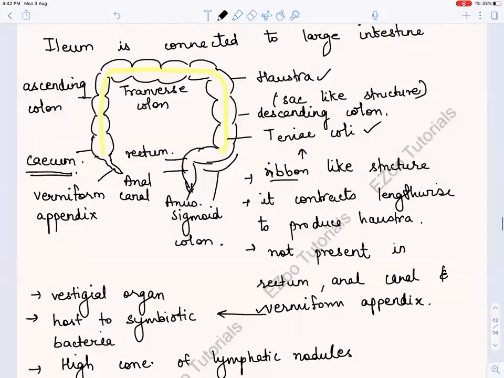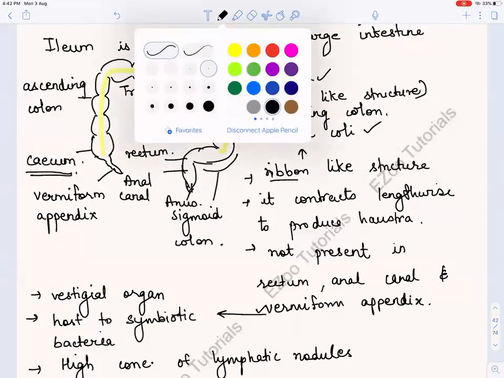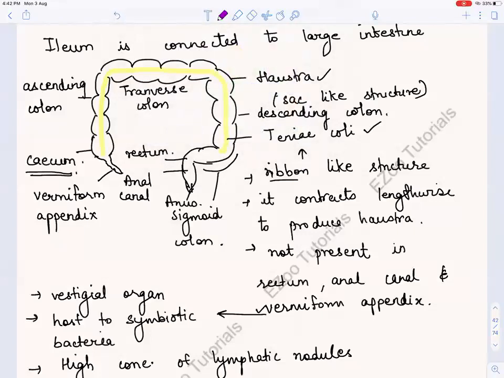Now let us once again see all the structures. This is the cecum, where the ileocecal valve of the small intestine is present. It goes to the ascending colon, transverse colon, descending colon, the sigmoid colon, the anal canal, and the anus.